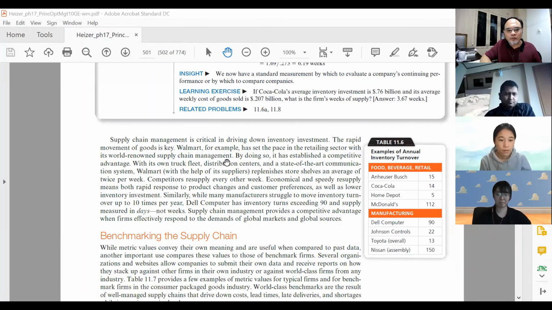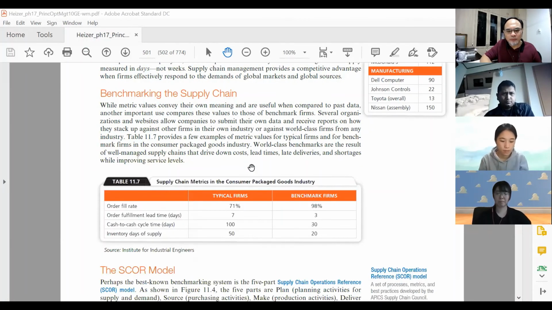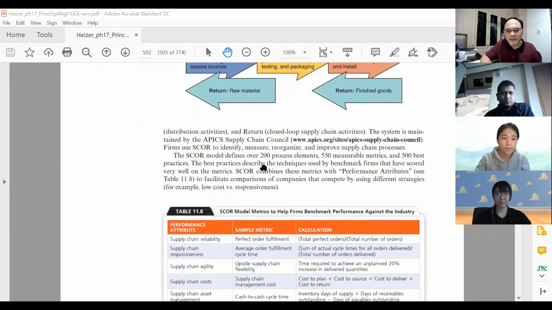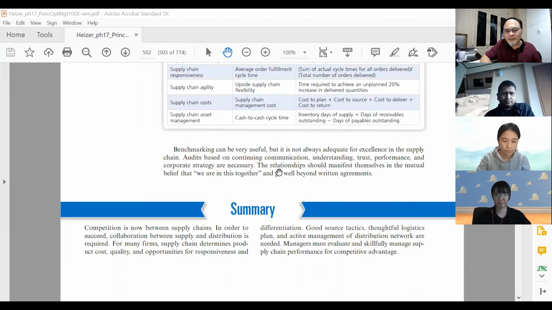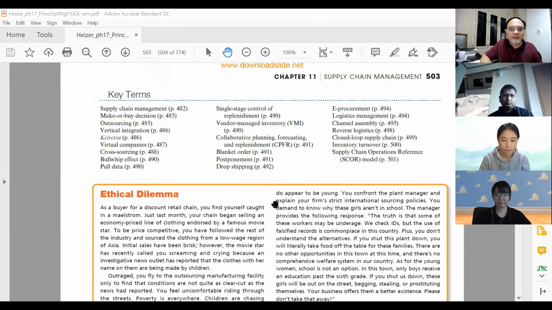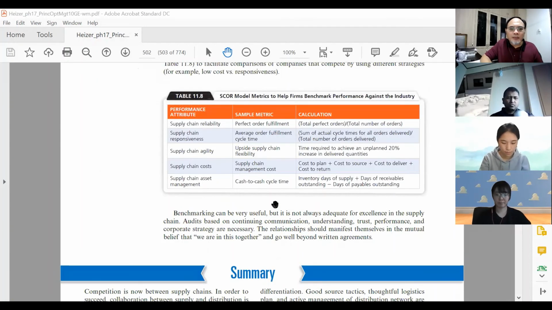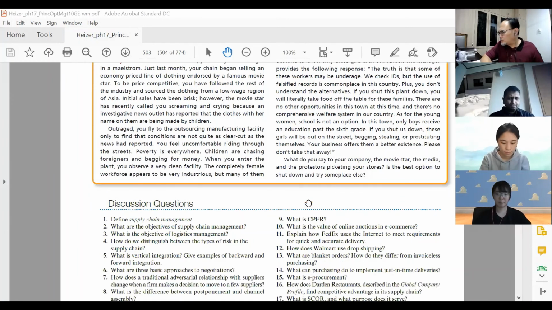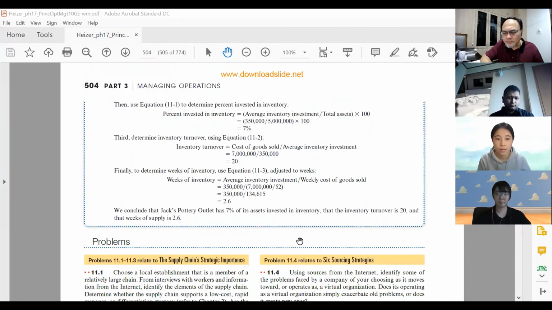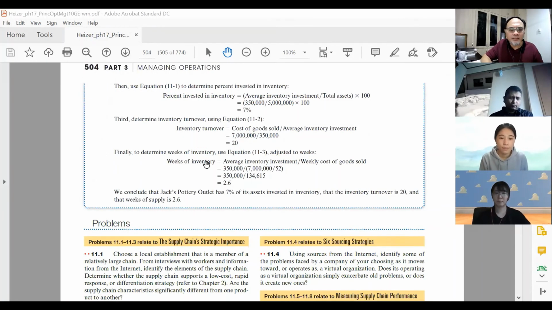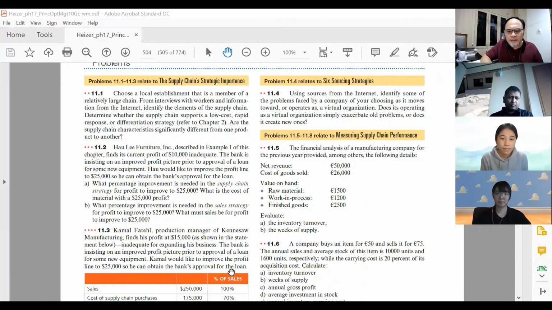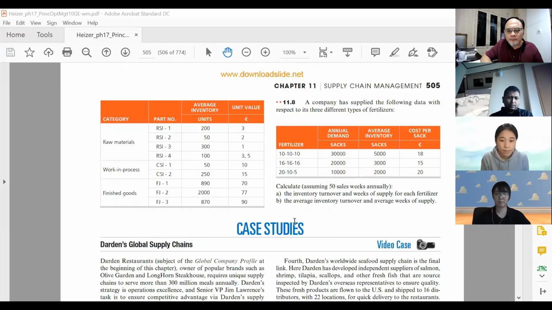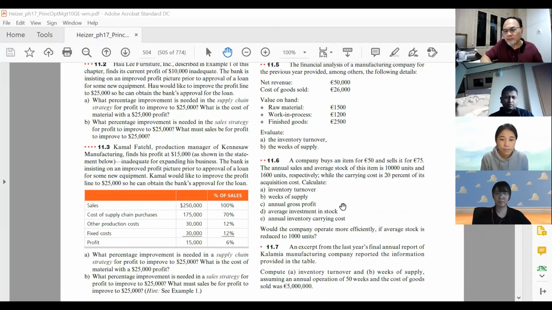Now I'm showing you the book. Can you see the book? Yes. Right, so this is the SCOR model. For the rest of this period, I want you to do this exercise, and this is to be submitted. You must submit this exercise.